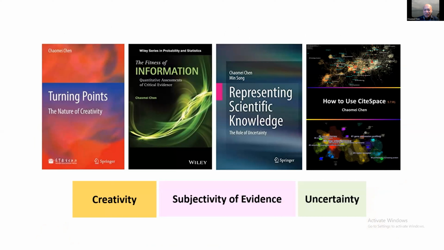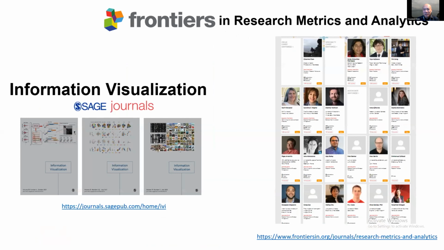Before I start, here are some resources, if you like further details: some books relevant to these topics, and links for journals relevant to these topics as well, from the information visualization perspective, as well as research metrics and analytics.